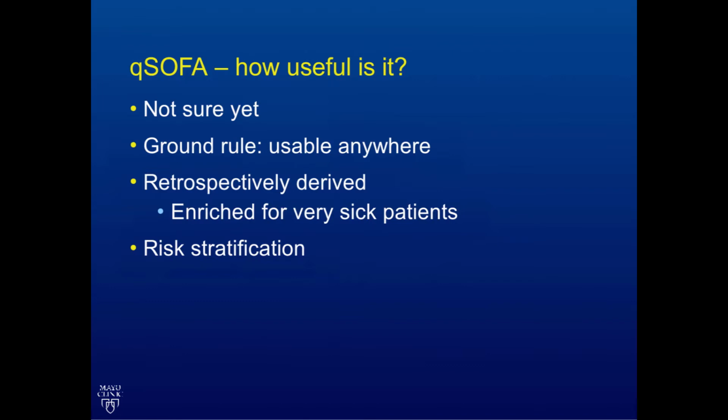This is a score for risk stratification. And what Sepsis 3 has done is it has replaced something that's used for identification or screening for sepsis, SIRS, with a risk stratification tool which is not intended to be sensitive to identify patients who may be critically ill later.